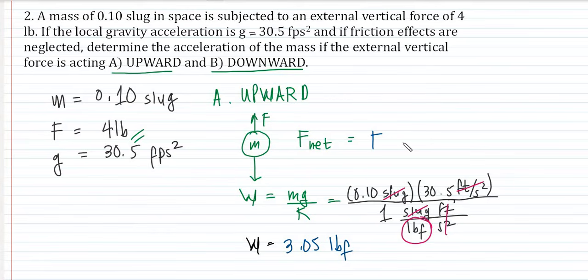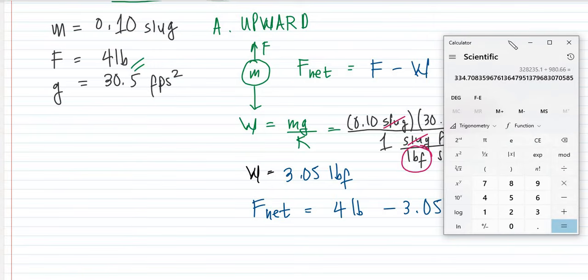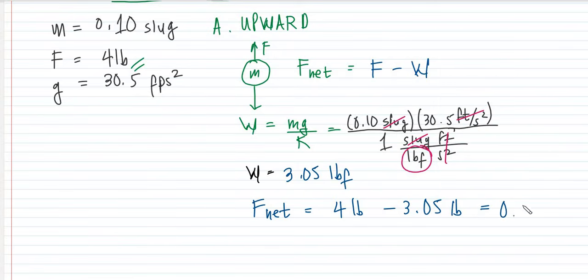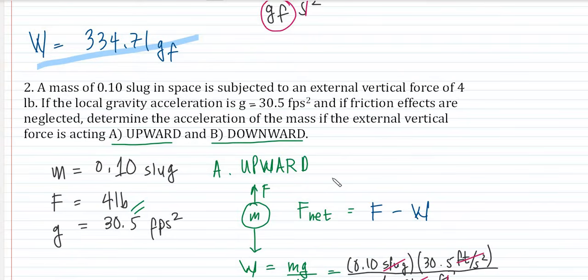F net would be equal now to F minus W, which is 4 pounds minus 3.05 pounds, and that is equal to 0.95 pound force. But we want to solve the acceleration of the mass.